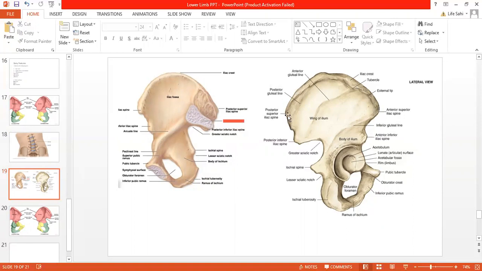The ventral segment of the iliac crest forms more than 2/3 of the iliac crest, and the dorsal segment is shorter in length in comparison to the ventral segment.